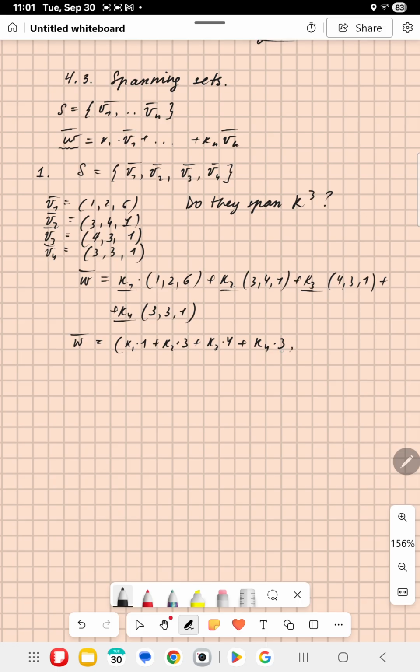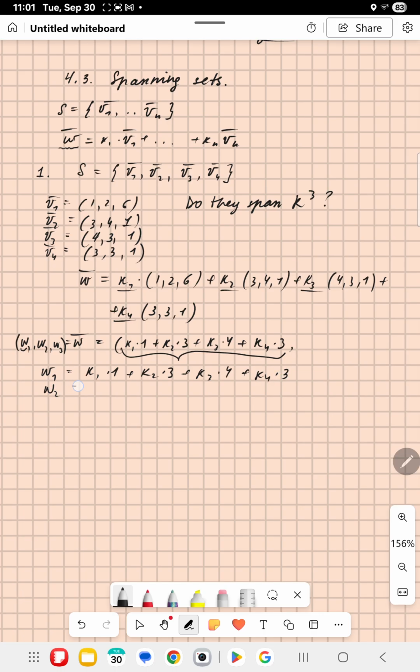So that's my first coordinate. And by the way, I don't know what the coordinates of vector W are going to be, so I'm just going to label them as w1, w2, and w3. To be able to solve it for any vector W, we're supposed to have w1 equal k1 by 1 plus k2 by 3 plus k3 by 4 plus k4 by 3, right?